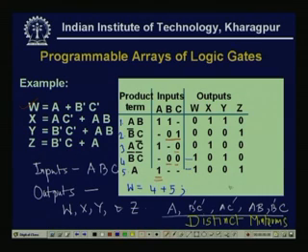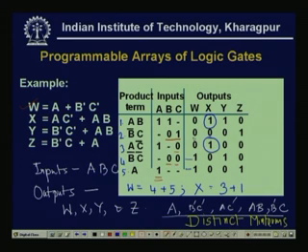Now, similarly, what will be my X? The second column is my X and X is AC dash plus AB. So I will take X as my 3 and AB as my 1. In the column of X, where the AB term is there, that means the first product term AB, there will be 1 1, and AC dash means 3.